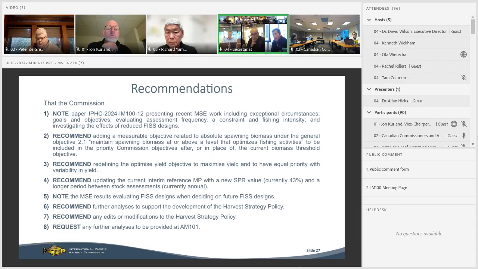So we have really good status, but I don't think everybody's happy with the low catch rates in the stock. The catch rates are more associated with the absolute spawning biomass, the actual weight of fish in the water, not the relative weight that would have been out there. So that's the slight distinction between the relative spawning biomass in objective B and a potential new objective related to absolute spawning biomass, which would be more consistent with the catch rates observed on the water.